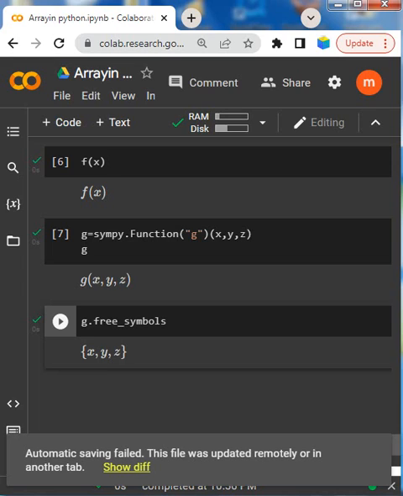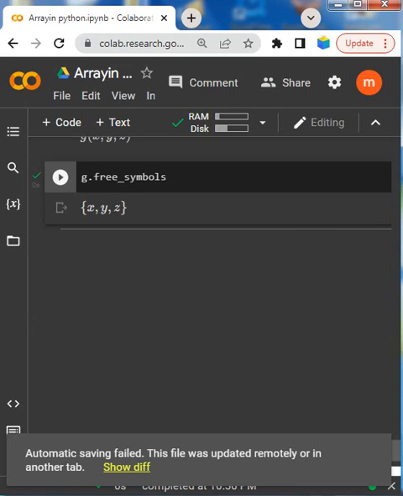Let's see, I am going to use some trigonometric functions, sympy.sin, with our important conventions. Sympy.sin is in sympy.functions.elementary, because this is the trigonometric sine.